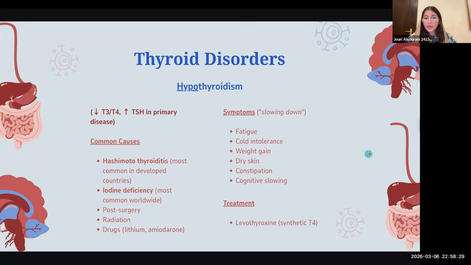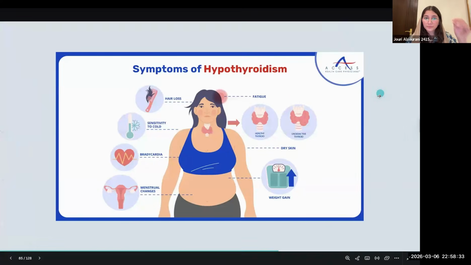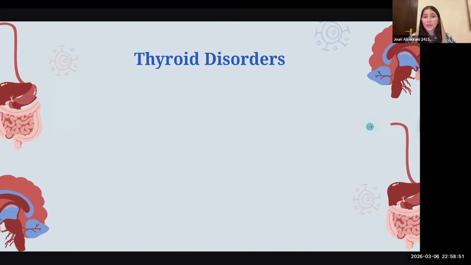Treatment, you just give them synthetic thyroid hormone, synthetic T4. So this is how hypothyroidism will typically present. You'll see hair loss, they have cold intolerance, bradycardia, so they have slower heart rates as well. You see everything is slowing down. They have weight gain, they have fatigue. So these are generally the symptoms of hypothyroidism.